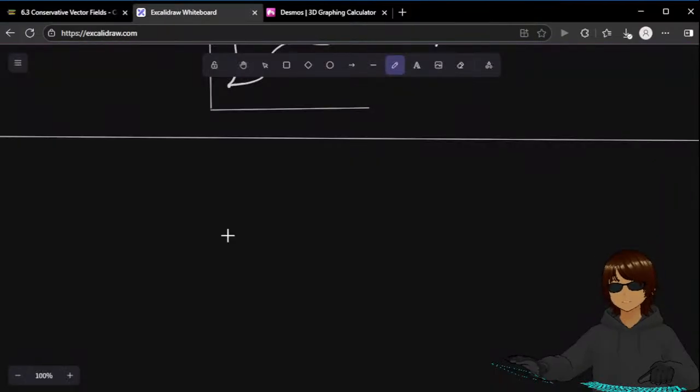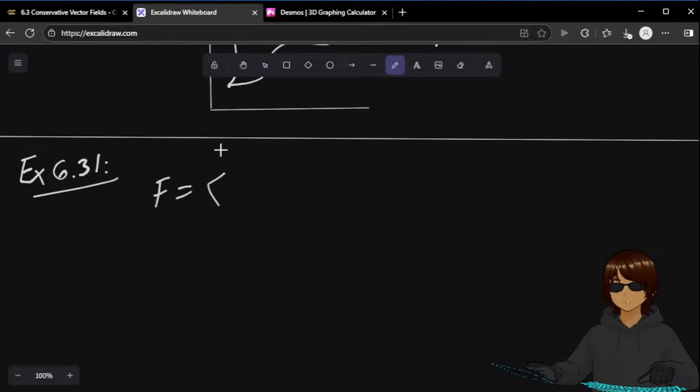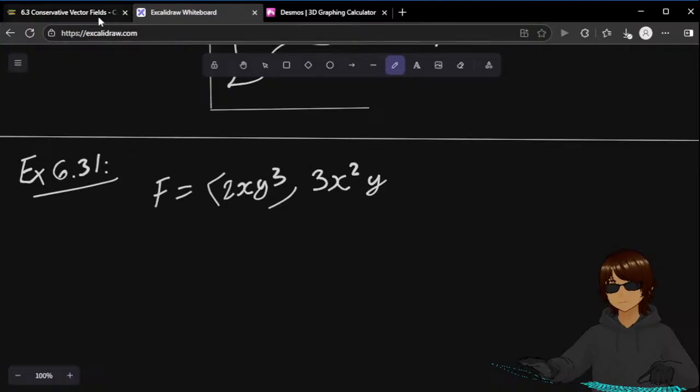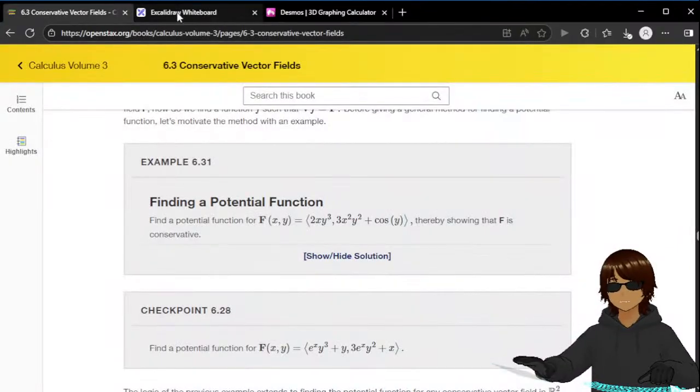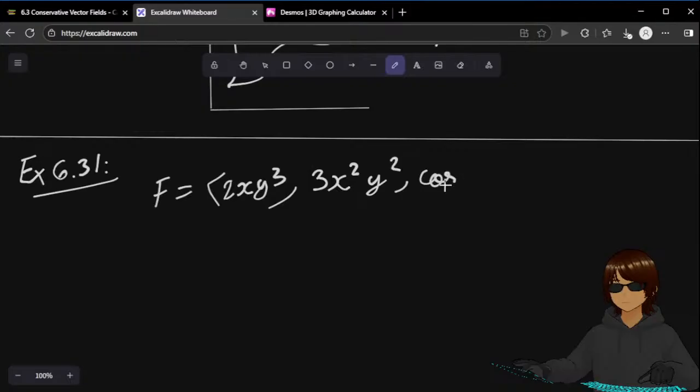Example 6.31. So F is equal to (2xy^3, 3x^2y^2 + cos y). So we have this.